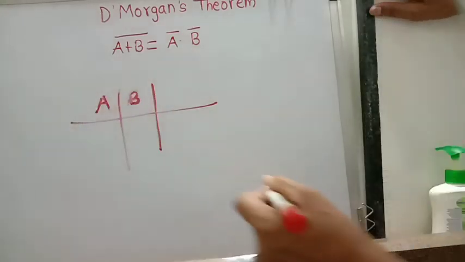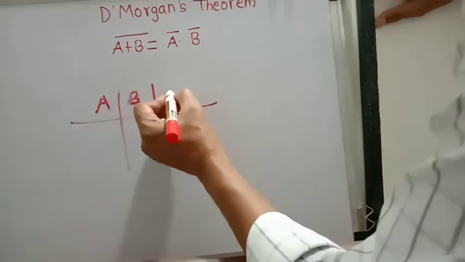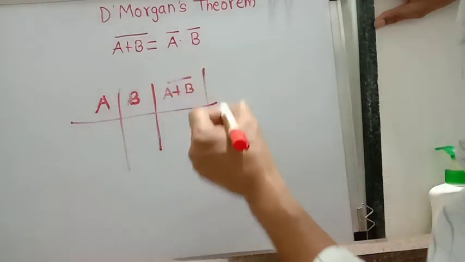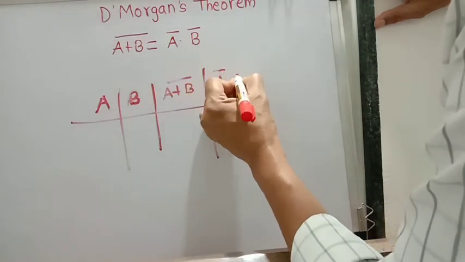Inputs are A, B, then A plus B bar and A bar dot B bar.